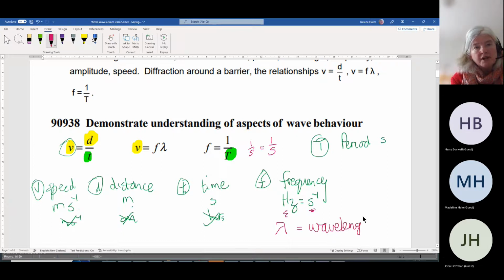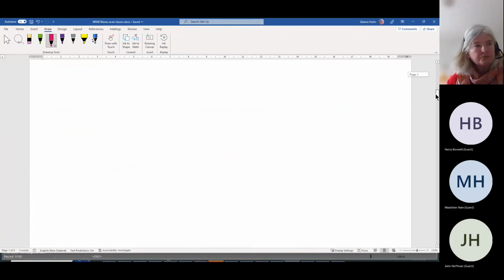And of course, wavelength is also a distance, so it's also measured in meters. So if you get given a unit of meters, think of distance first, but chug in the back of your mind that it could also be wavelength. Now, obviously, a swimming pool distance is distance and not one single wavelength. So let's go back to the question.